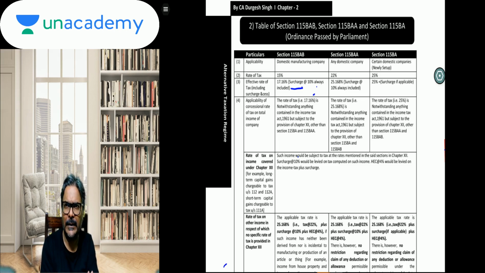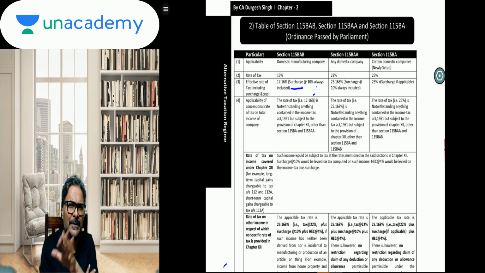So students, right now I'm going to tell you the sequence. The first part will be all theory, wherein I'm going to discuss with you the alternate tax regime for a company and also for a cooperative society. In the second part we will look into the practical part.